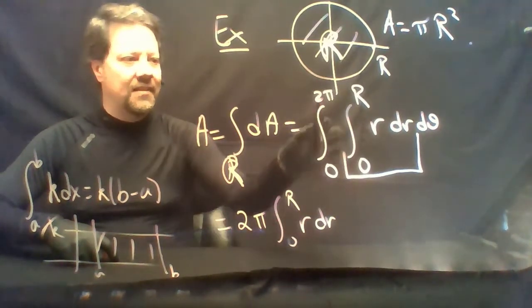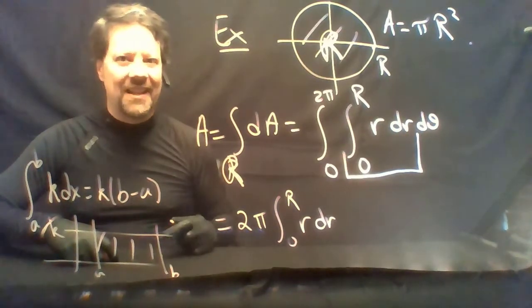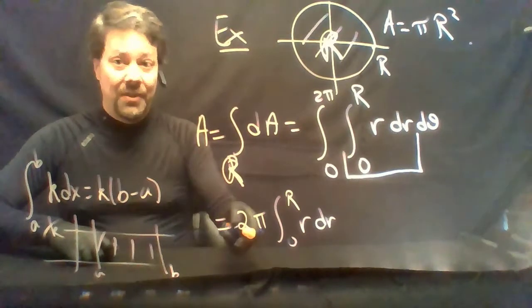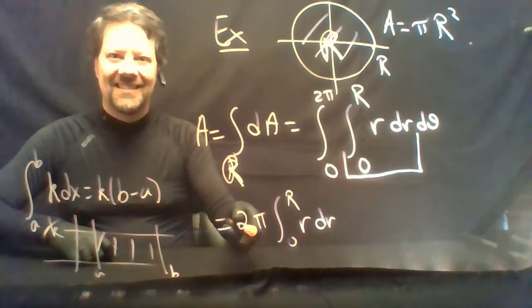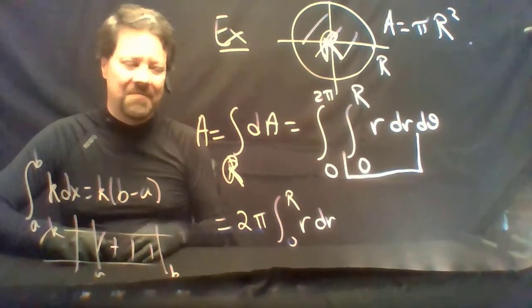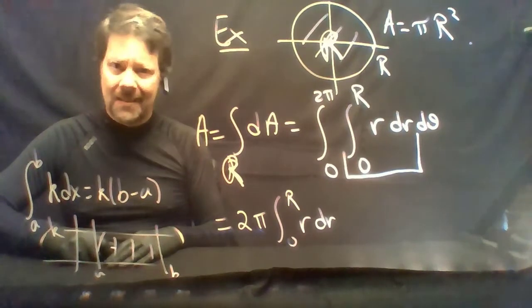In this case, the width is 2 pi. The constant is whatever that integral is. I like to tell my students that you get 2 pi for free. You can also see this because of Fubini's theorem. You can reverse the order of integration because all of the limits of integration are constant.